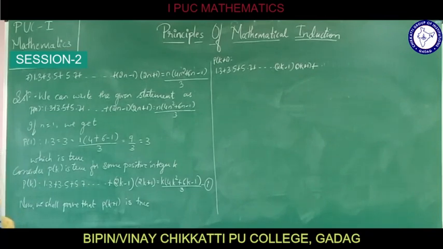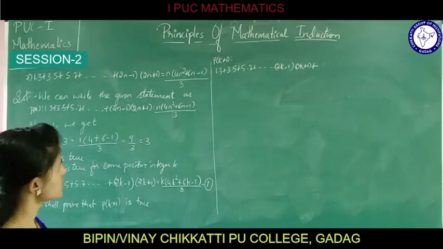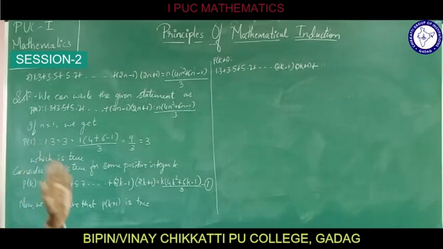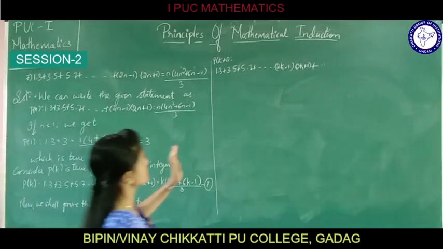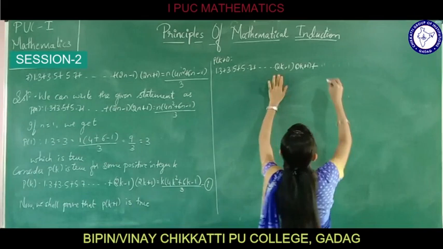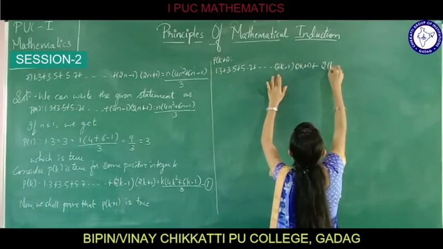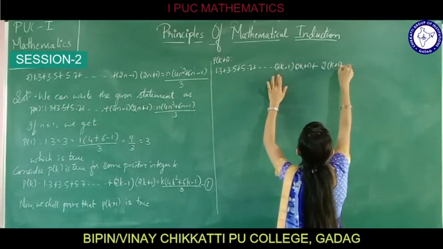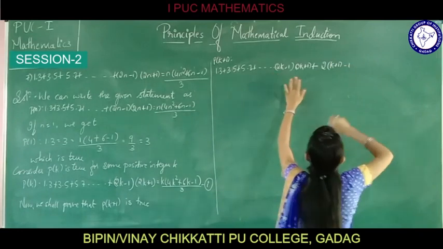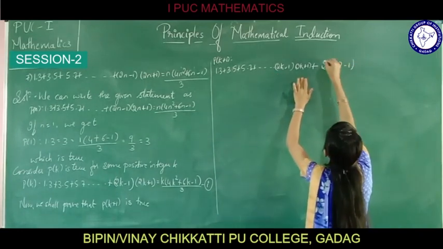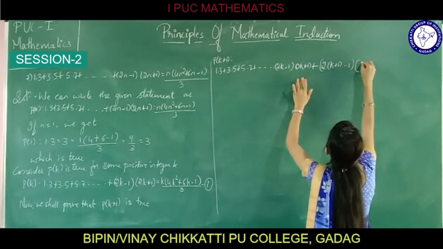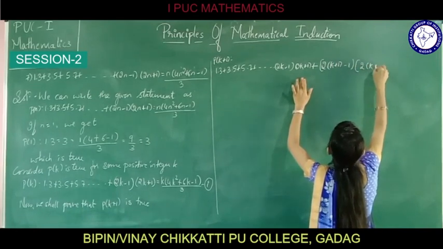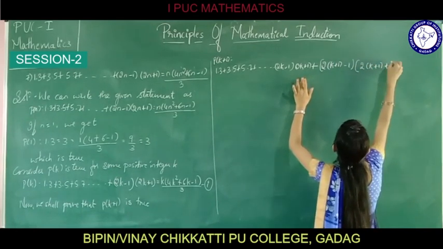Further, it is written as 2k minus 1 plus 1. So just go on writing, in place of k, write down k plus 1. That is, we here have 2 into k plus 1 minus 1 into, this can be written as 2k plus 1 plus 1.